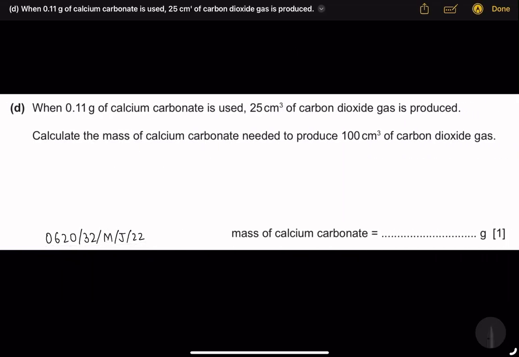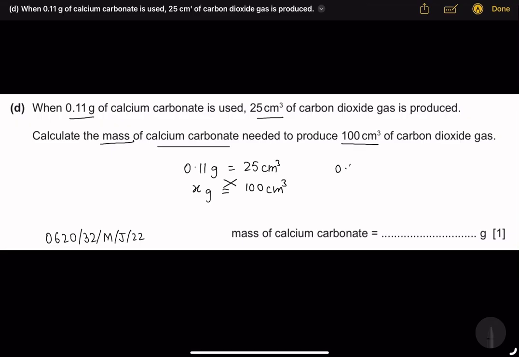And now the next question is, when 0.11 gram of calcium carbonate is used, 25 cm cube of carbon dioxide is produced. So how much is the mass of calcium carbonate needed to produce 100 cm cube of carbon dioxide gas? 0.11 gram produces 25 cm cube. X gram will produce 100 cm cube. We'll do cross multiplication.